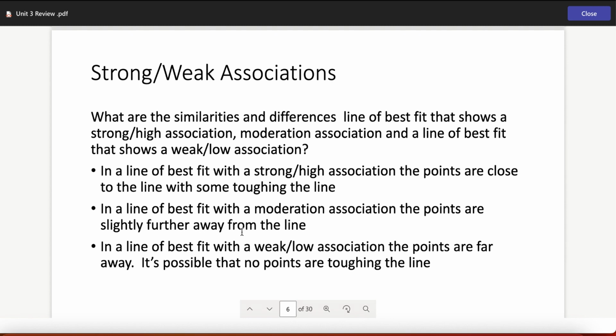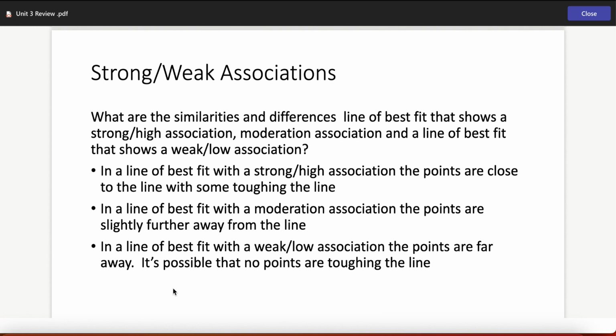If you draw the line of best fit and the dots are a little farther from the line, then most likely it would be a weak association because it's not that strong. In a line of best fit with a weak, low association, the points are far away. It's possible that no points touch the line.